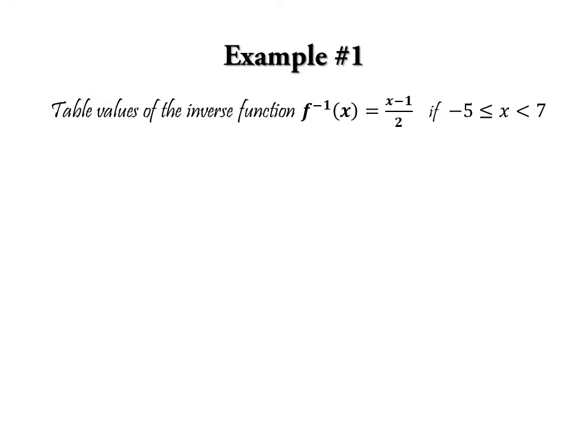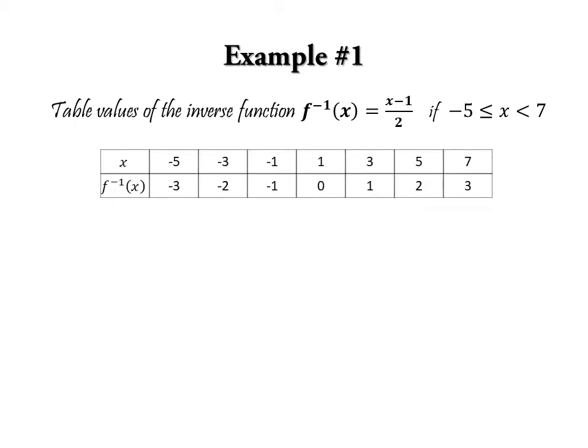For example number 1, we are going to find now the table of values of the inverse function, and the inverse function is given as x minus 1 over 2, and then we're going to take x is greater than or equal to minus 5 but less than 7. So if x is minus 5, then your inverse function is minus 3.